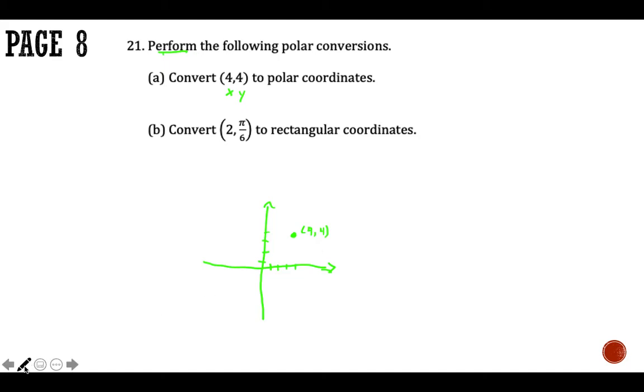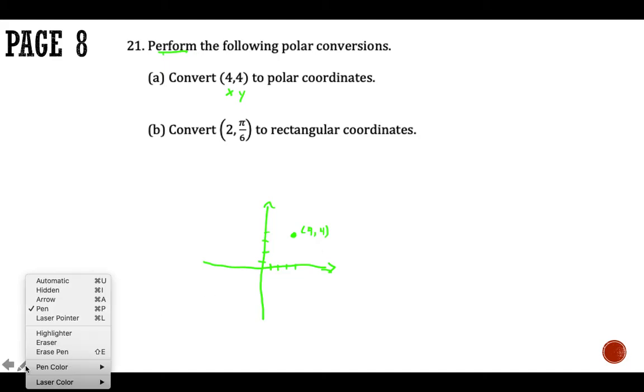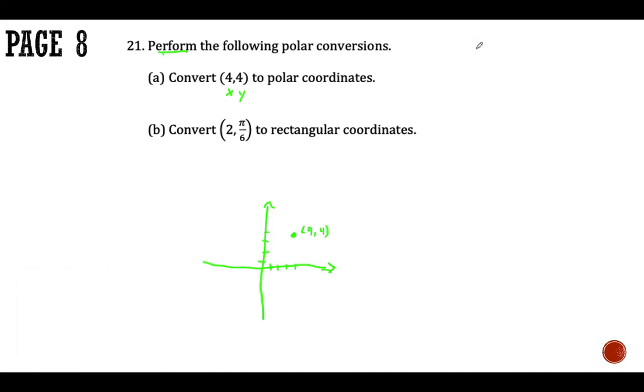To do anything in polars, especially any conversions, you do need some formulas. So here are the formulas that you need. And AP does not give you formulas. You need to know that x is equal to the radius times the cosine of the angle. Y is equal to the radius times the sine of the angle.